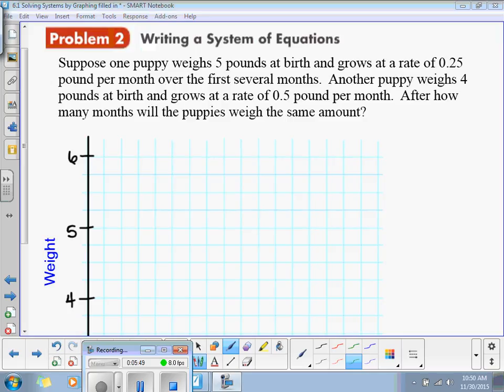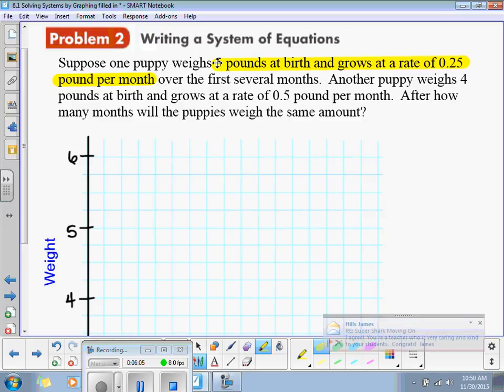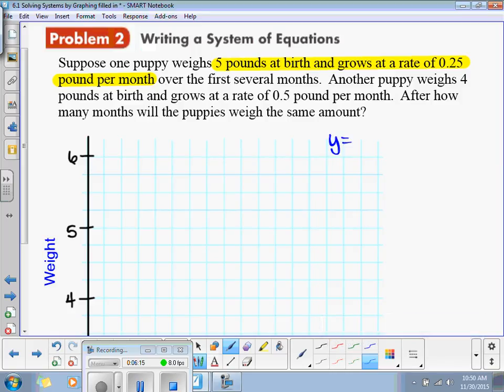All right, so when we look at the information we're given, we can use that to write our equation. The first puppy weighs 5 pounds at birth and grows at a rate of 0.25 pounds per month over the first several months. What equation can you write with that? y is equal to 0.25x plus 5.